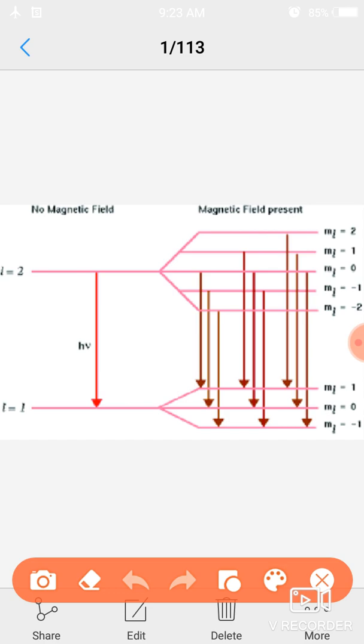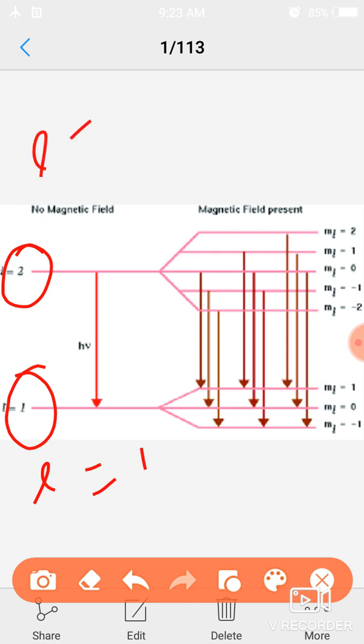We can see here, in a very easy way, an orbital with orbital number L equal to 1 and an orbital with L equal to 2.